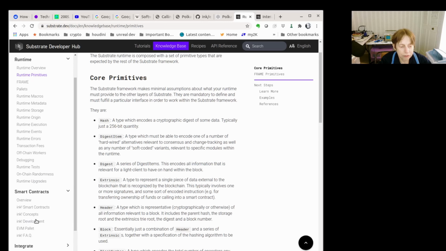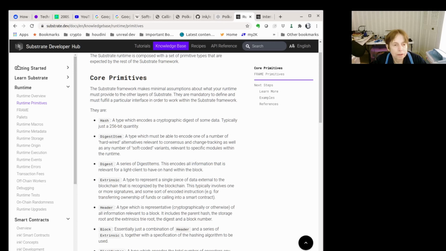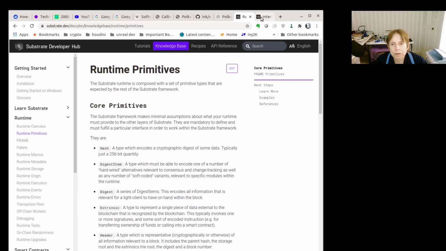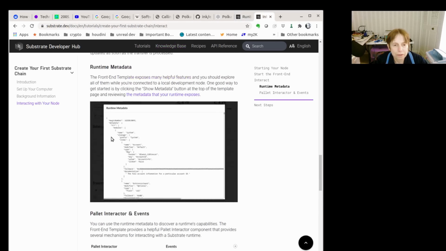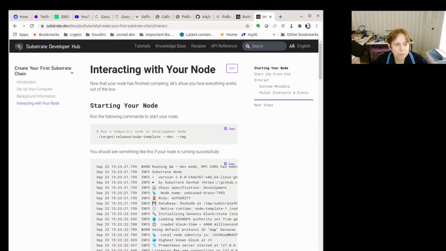Smart contracts we looked at the other day. If you're interested, this is a great place to start. We are going to be going through some of the tutorials. In particular, this one I think is interesting, the basic one, creating your first substrate chain.